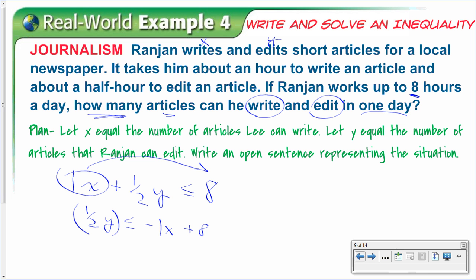Or just what? 2? Now, am I multiplying by a positive number or a negative number? So my sign stays the same, doesn't it? Go ahead and get it out of the way. Multiply that side by 2, which turns into distribution, negative 2x plus what? 16.